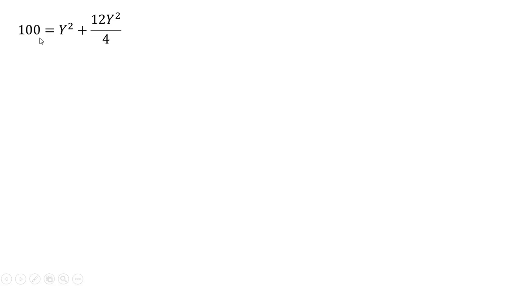So just rewriting that last result, solving for y, dividing through by 4, taking a square root, y equals 5. So the total consumption of good y is 5. And since there are 100 consumers, 5 divided by 100 means each consumer consumes 0.05 units.